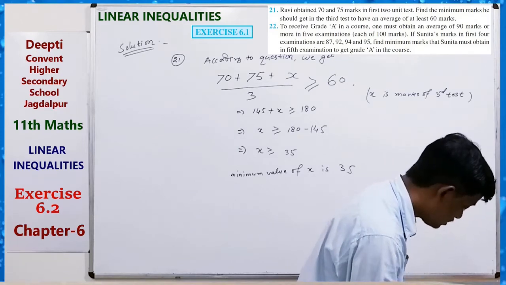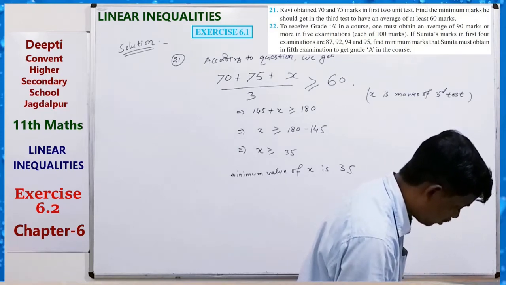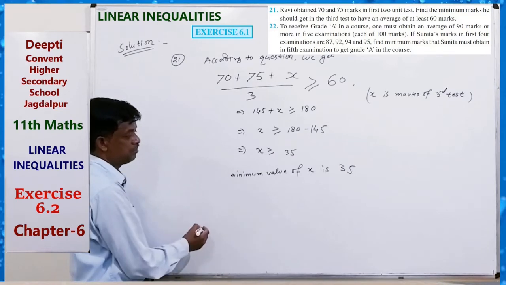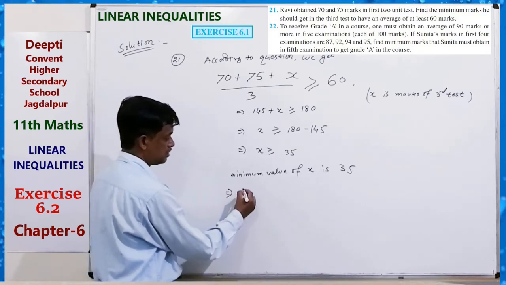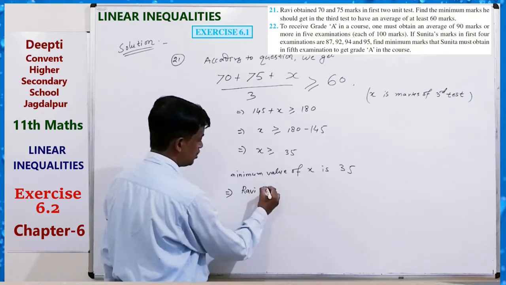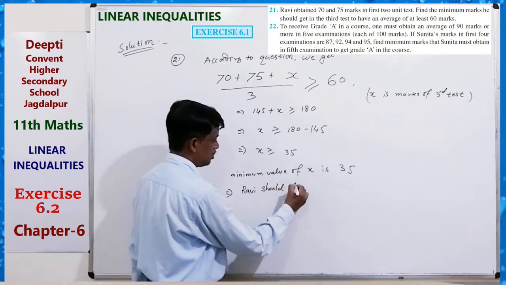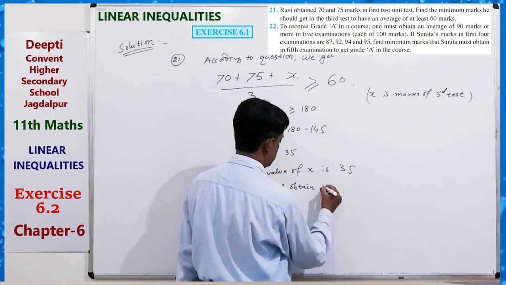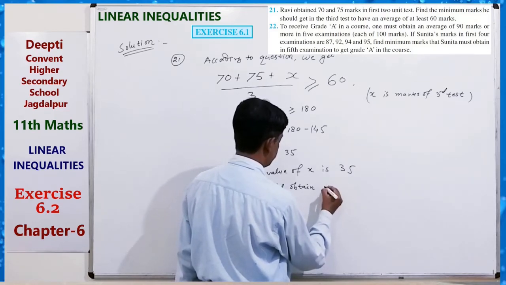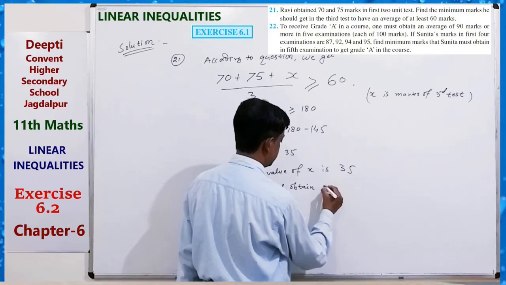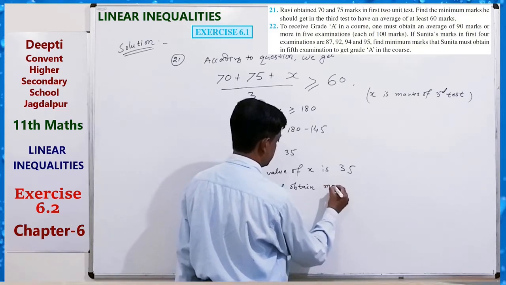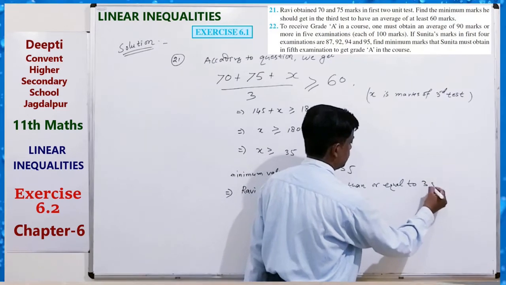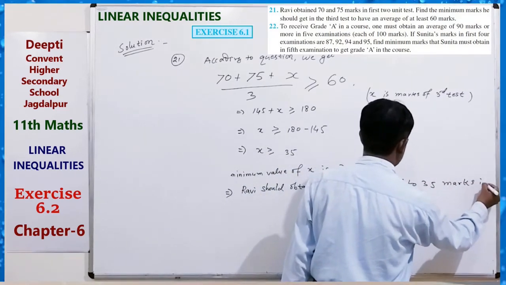So the minimum value of x is 35, which implies Ravi should obtain more than or equal to 35 marks in the third test.